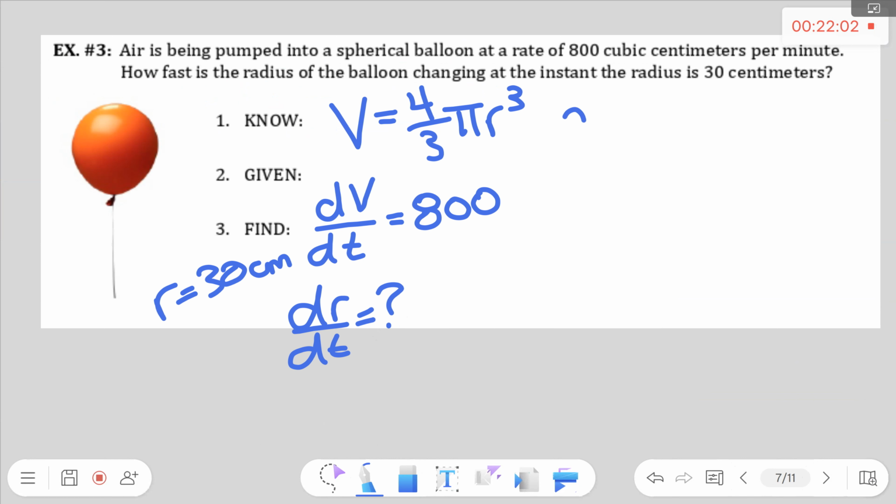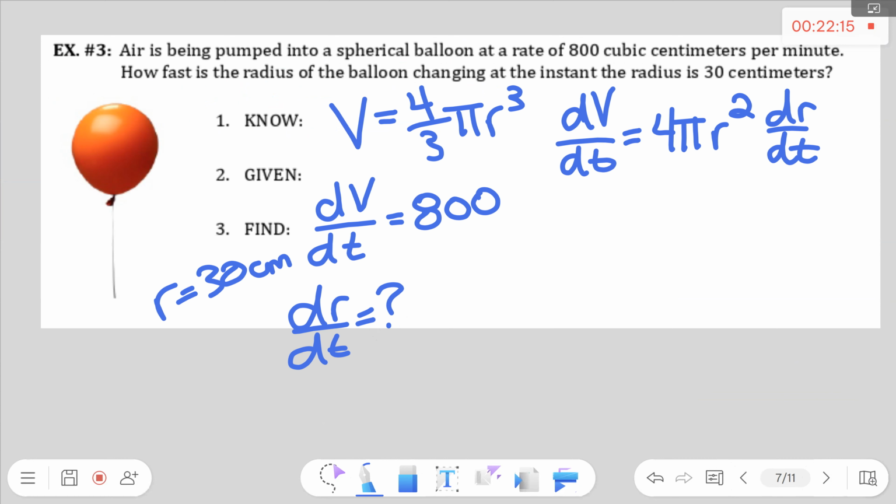Should we take the derivative of the volume yet? dV over dt equals 4 pi r squared dr dt. Isn't it? Oh wait, never mind, just kidding.